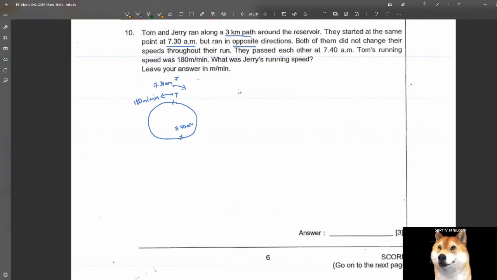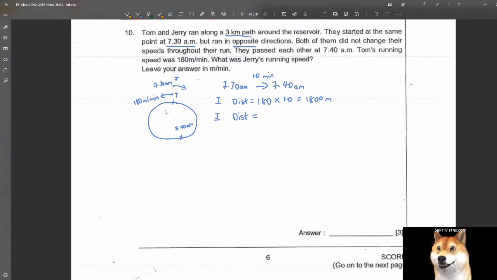So okay, let's start. From 7:30 AM to 7:40 AM, it's 10 minutes. Then we look at Tom first. Distance equals speed times time. Speed is 180 meters per minute times time, which is 10, gives you 1,800 meters. Then for Jerry, Tom covers 1,800.